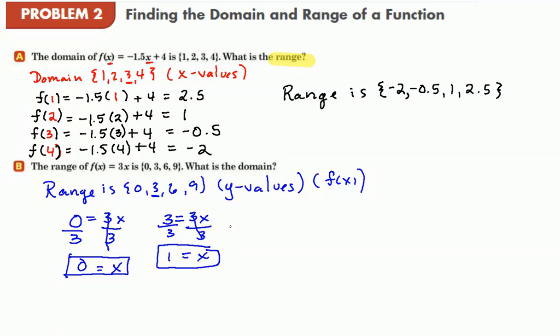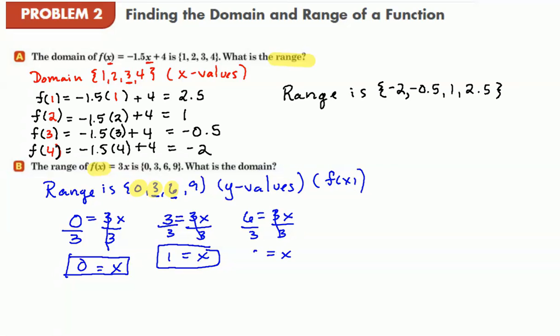There's our next domain. Now we're going to plug in 6 for f of x. 6 equals 3x. Again, please understand what's happening. I am plugging in the 0 for f of x, the 3 for f of x, and now I'm doing it for the 6 for f of x. So now, divide both sides by 3 and solve for x.